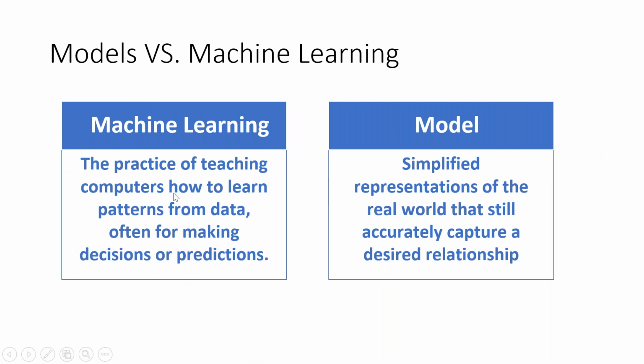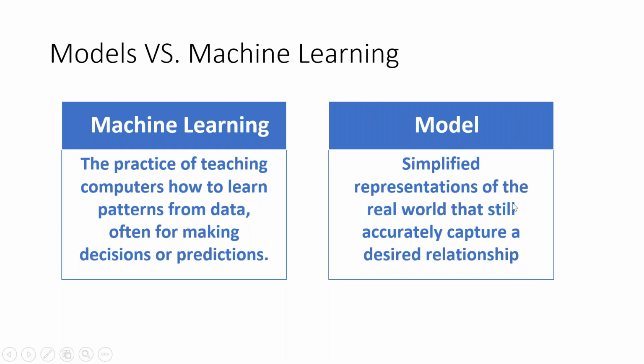We defined machine learning as the practice of teaching computers how to learn patterns from data, often for making decisions or predictions. So when we teach machines using data, using our model training process, the output that will be generated is a model. And what is a model?